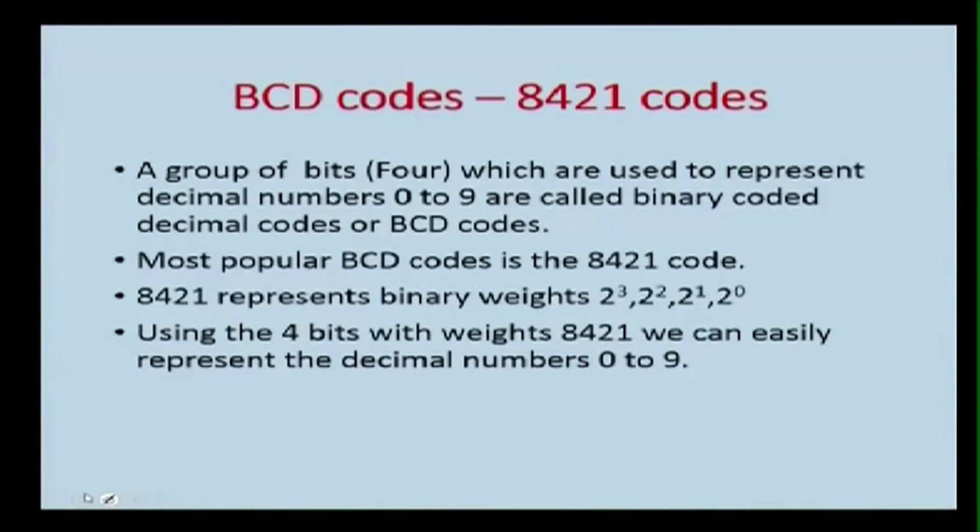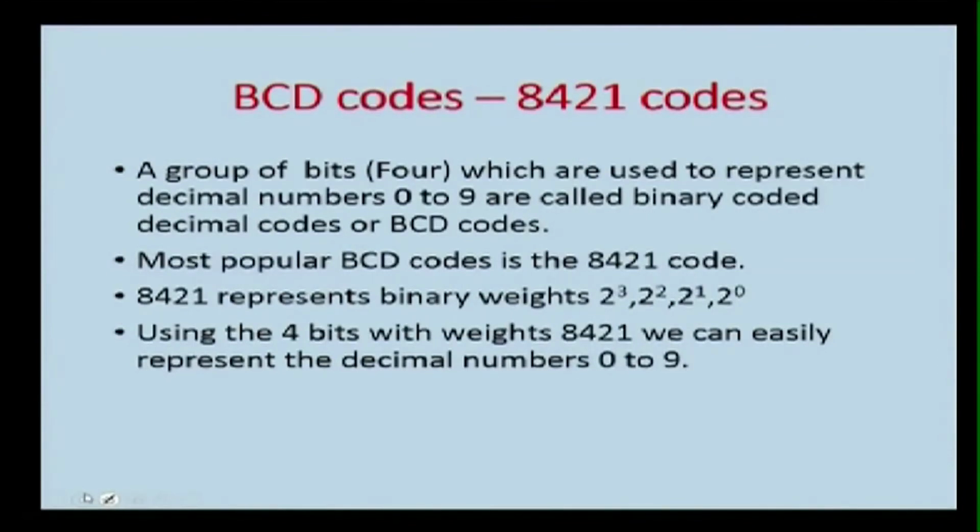Now, we will first look into what is the meaning of BCD code, especially 8421 code. Any group of bits, especially 4, which are used to represent decimal numbers 0 to 9 are called binary coded decimal codes or BCD numbers or BCD codes.